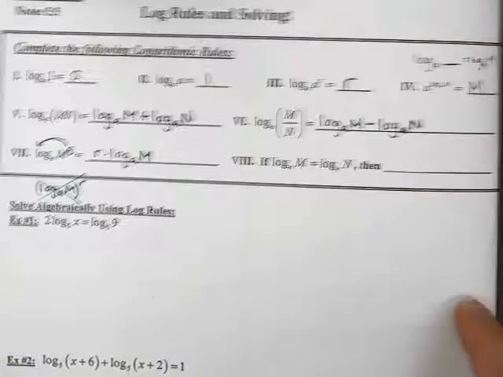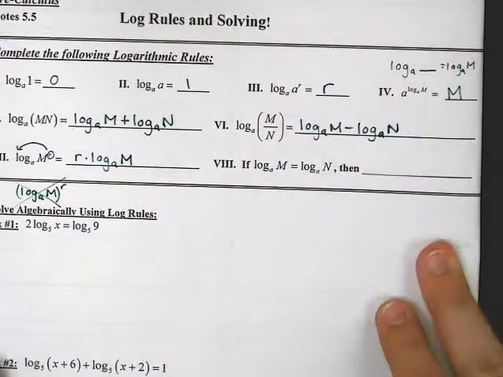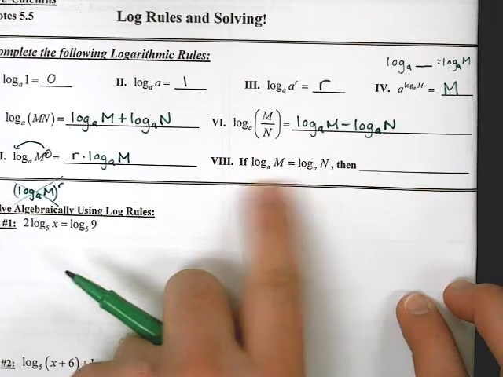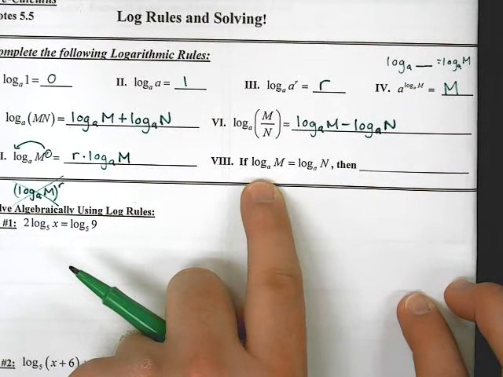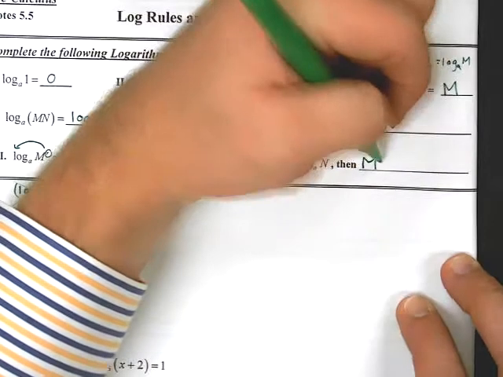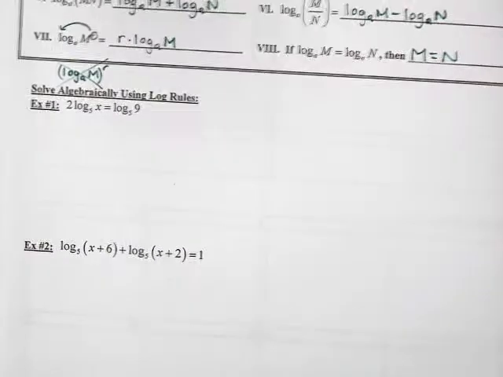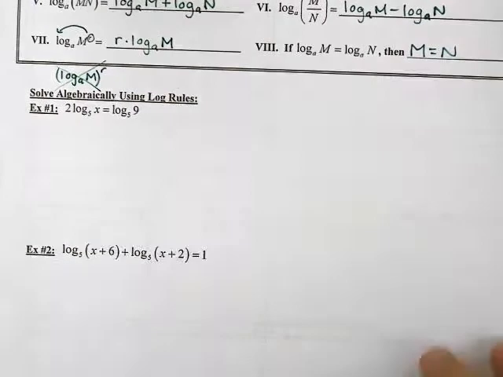Alright? And lastly, probably my favorite, just because it makes problems super simple, is if we know we have logs with the same base set equal to each other, well then the arguments must be equal. Alright? So, we're going to do some solving. And yes, let's take a look at this first problem.